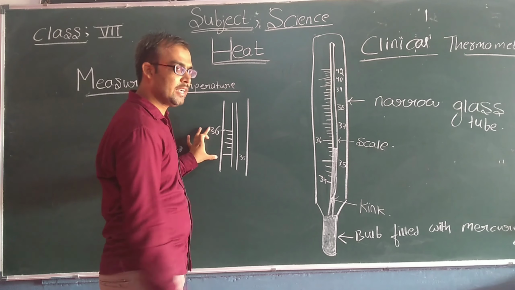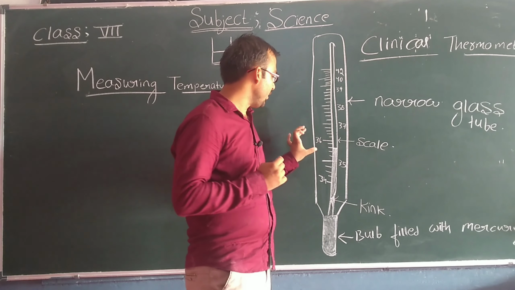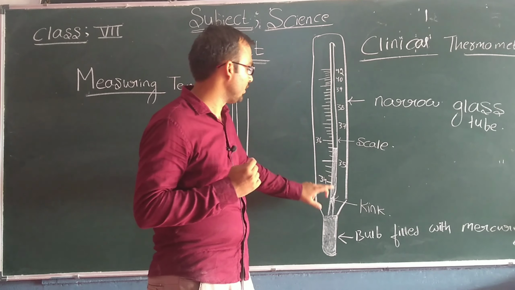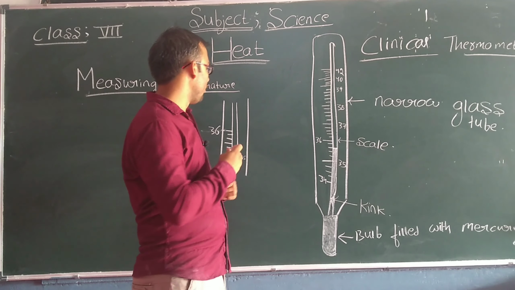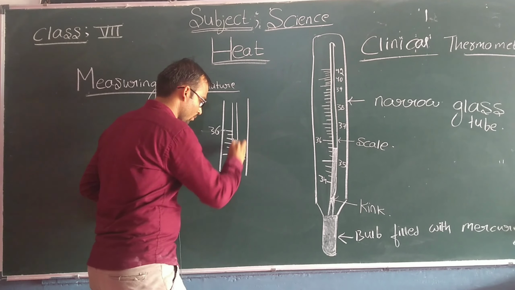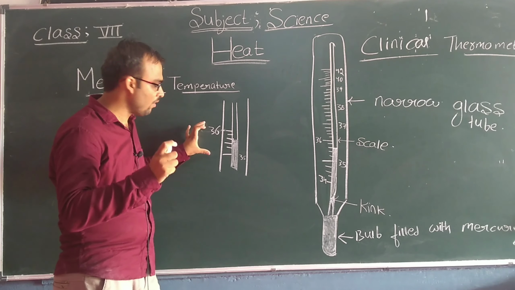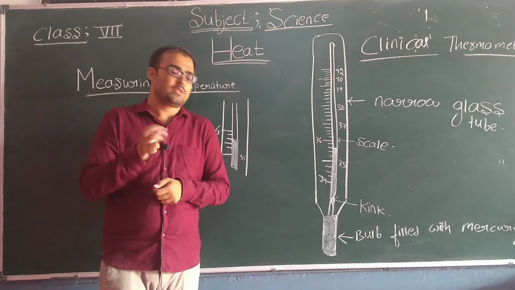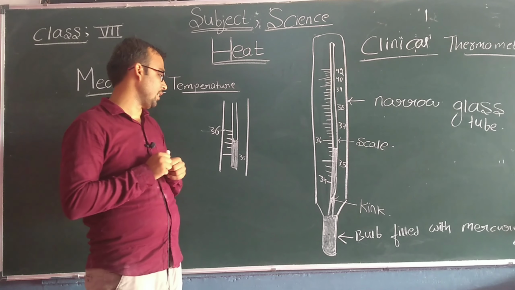These two bigger marks indicate the temperature of a human body. When you measure the body temperature, assume that the level of mercury has risen up to this level. So now the level of mercury is between 35 and 36 degrees, therefore your body temperature is between 35 and 36 degrees.